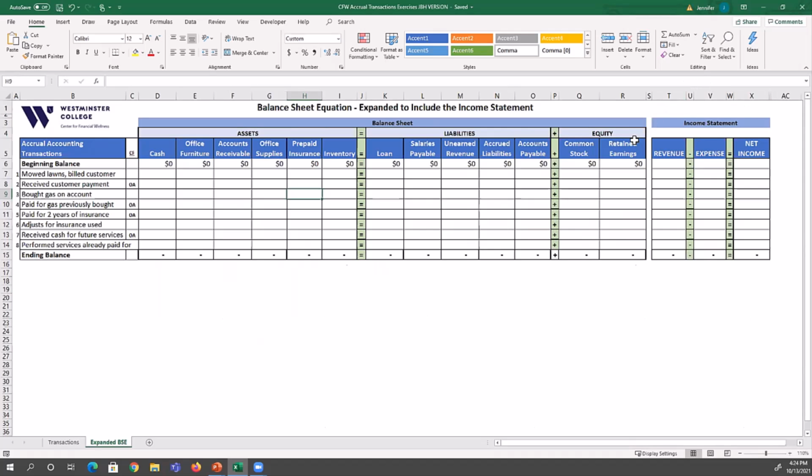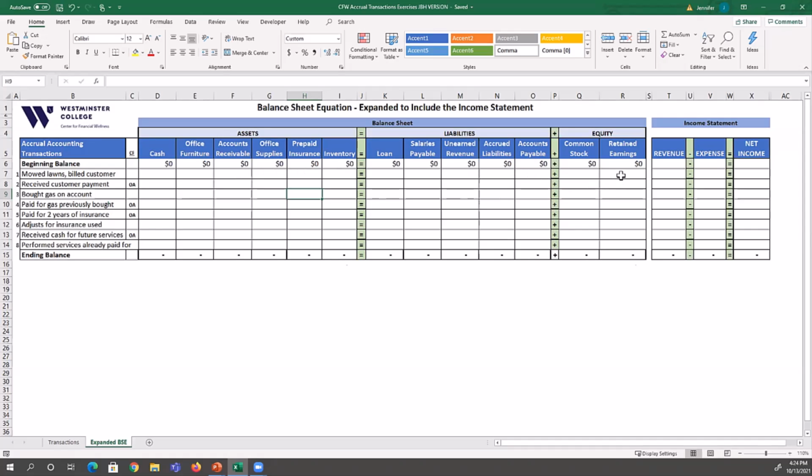But since TLC hasn't received the cash yet, instead they record the amount that they earned in an asset account called accounts receivable. So that's right here. This account represents amounts that are receivable, promised by customers.